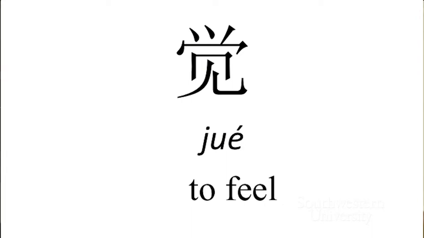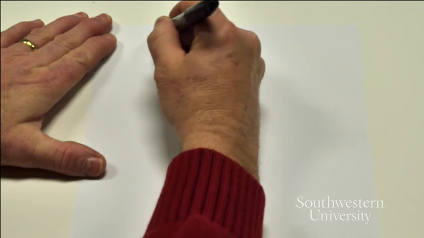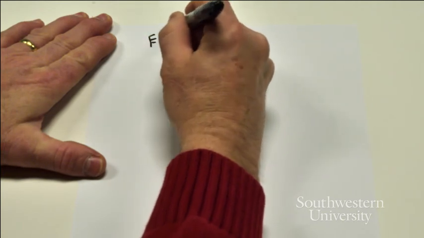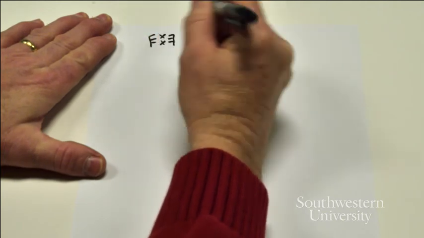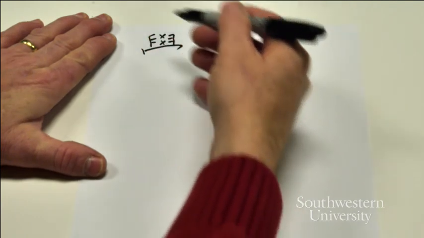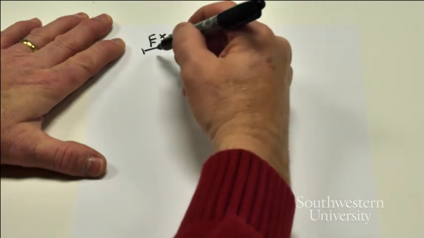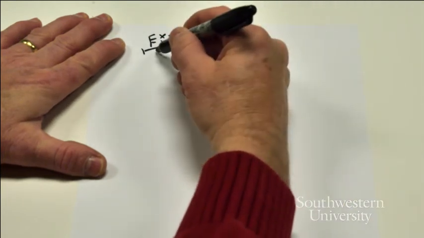The next character is jue, to feel, to sense. The traditional character looks like this. And you've seen this before in xue, to learn. So it's hands reaching up or reaching down to pass something on. So I think in this case it's just phonetic.